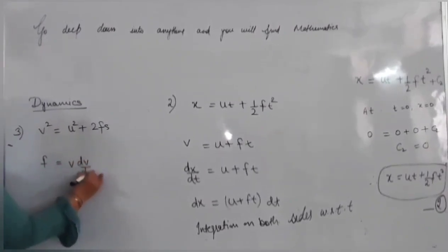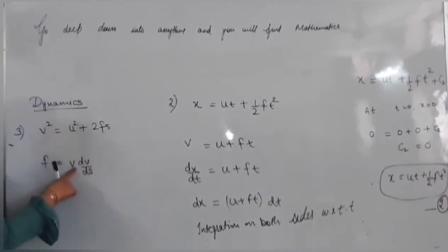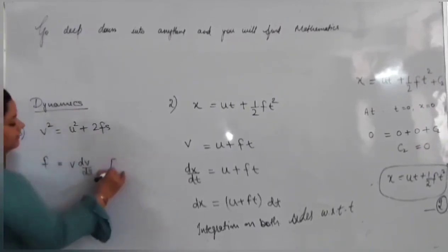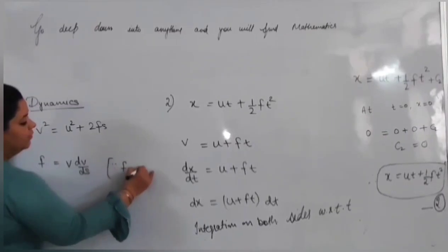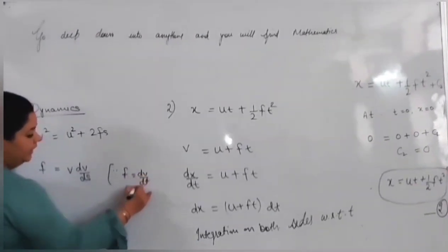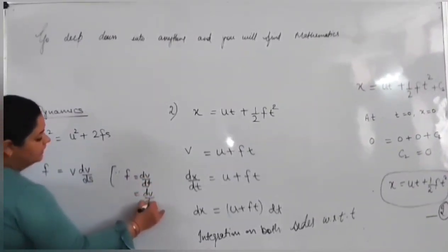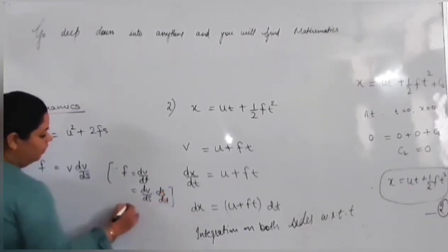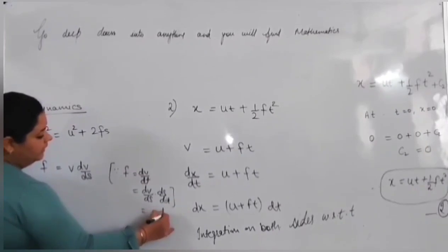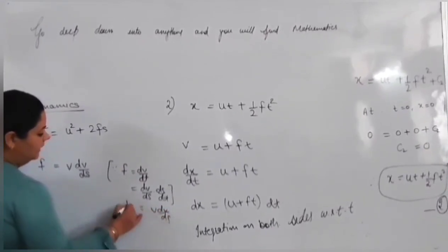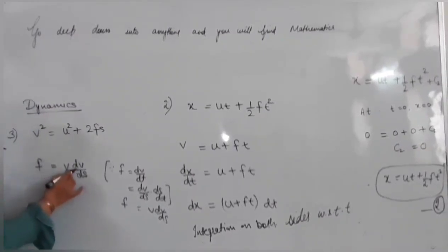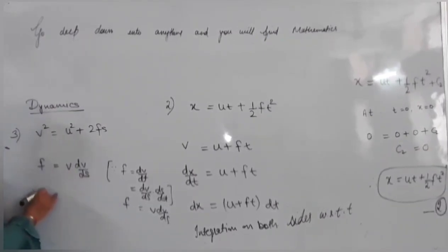So we will take the value of f as v dv upon ds, which can be considered because we know that f is equal to dv upon dt. So we have considered it like this, and then put the values of v dv upon ds, we will get the value of f.